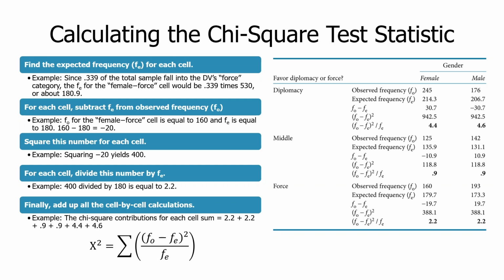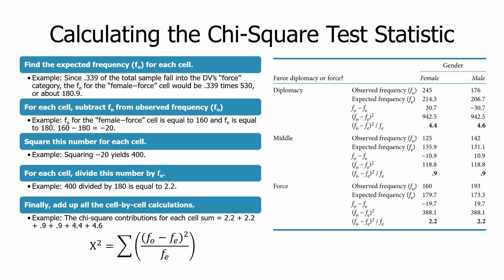I've just got the steps here. Find the expected frequency for each cell. For example, since 0.339 of the total sample fall into the force category of the dependent variable, the expected frequency for the female force cell would be 0.339 times 530, or about 180. We'll come back to that slide. Here are all the calculations for the entire crosstab.